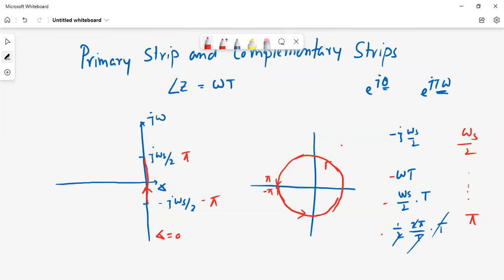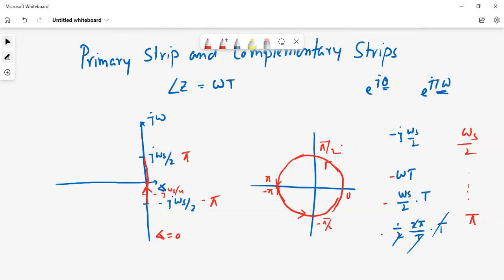If you want to prove whether it is actually going counterclockwise or not, you can introduce some intermediate factor. You can take here minus j omega s by 4, then you will see that it will give you minus pi by 2. Then at the center, you're going to get 0. Then you'll get pi by 2, eventually pi. So it is actually rotating in the counterclockwise direction.